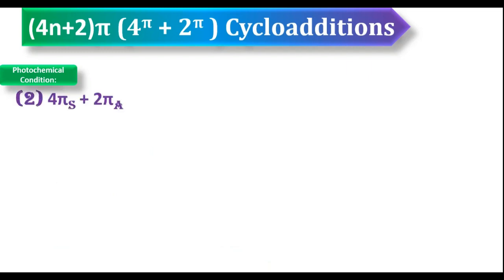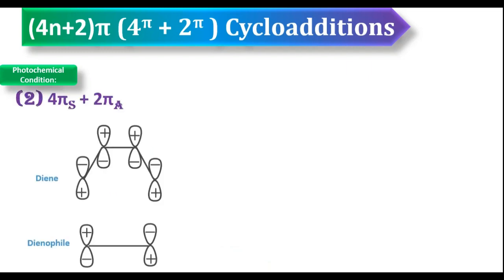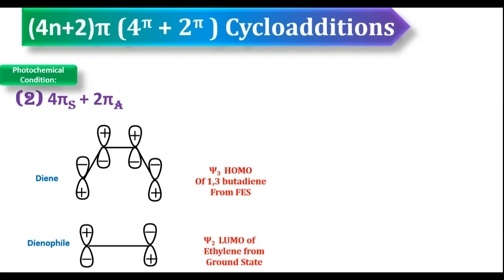Next, we are taking supra antra. So this pi partner is Psi3, that is the HOMO of the donor from the first excited state, and the LUMO from the ground state of the acceptor. The first pi partner undergoes supra mode of addition, the second pi partner undergoes antra mode of addition.